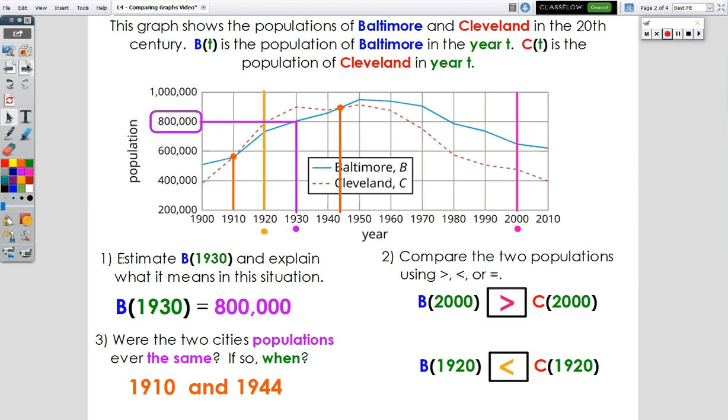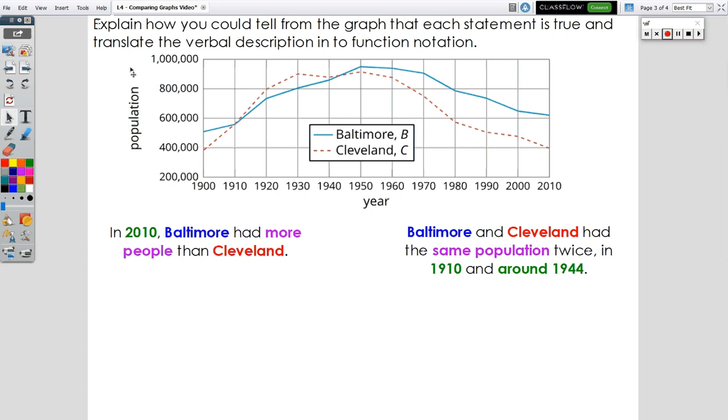We're going to do a couple more questions on the same graph here. This time we want to explain how we can tell each statement is true. So I'm going to tell you these statements are true, and we're going to translate that description into function notation. So it's true that in the year 2010, Baltimore had more people than Cleveland. If we look over here, in 2010 we can see Baltimore has more people than Cleveland because my line is higher.